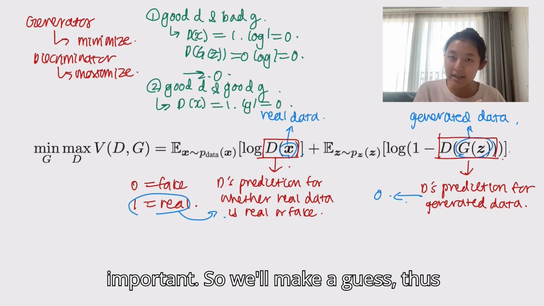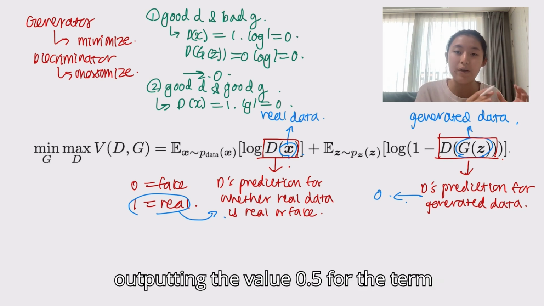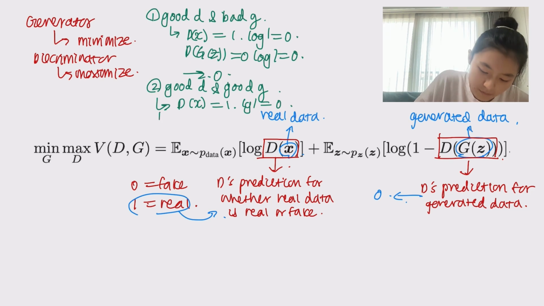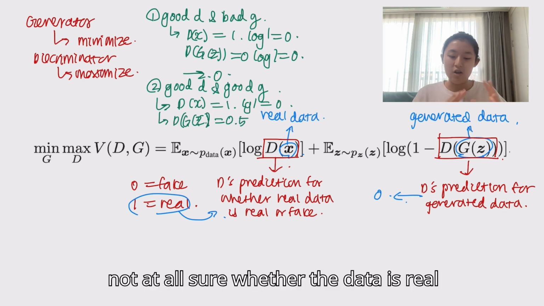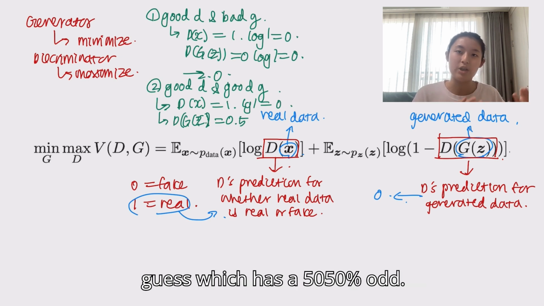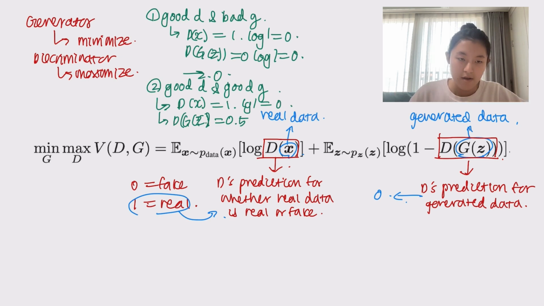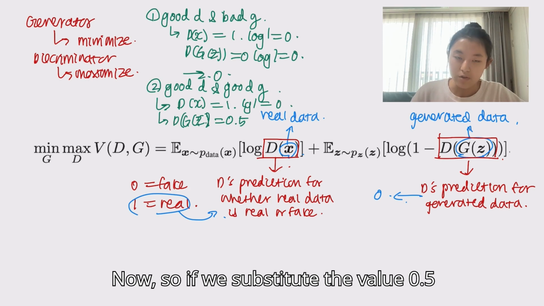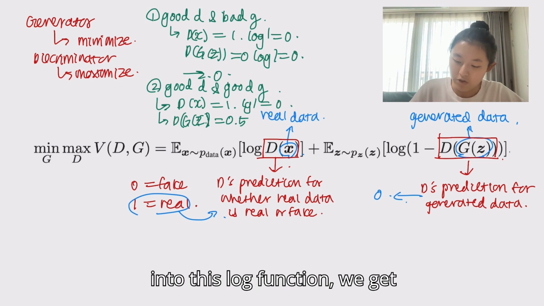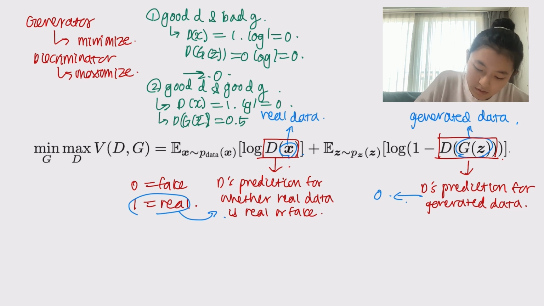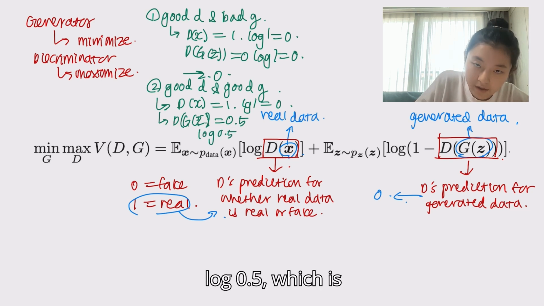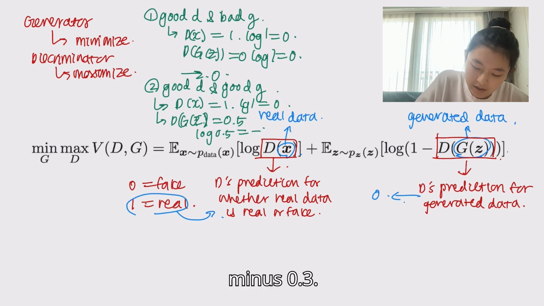So it will make a guess, thus outputting the value 0.5 for the term D(G(z)), as it's not at all sure whether the data is real or fake, and it's therefore making a guess, which has a 50-50 odds. So if we substitute the value 0.5 into this log function, we get log 0.5, which is about minus 0.3.